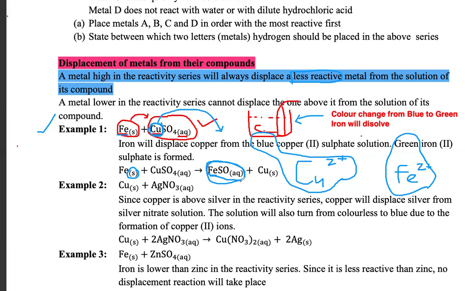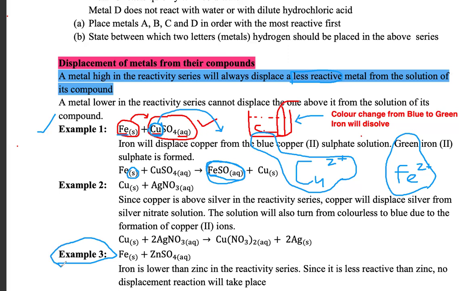Remember, aqueous is a form in which a solid is when it dissolves. So for it to have transitioned from solid to aqueous, it means the metal has actually dissolved.